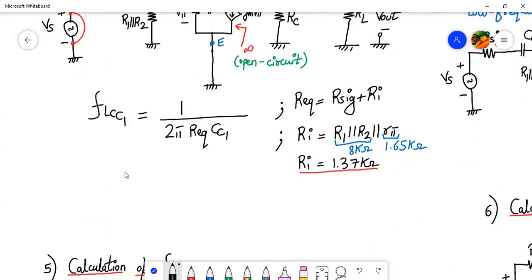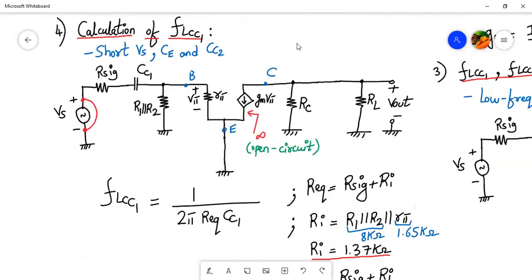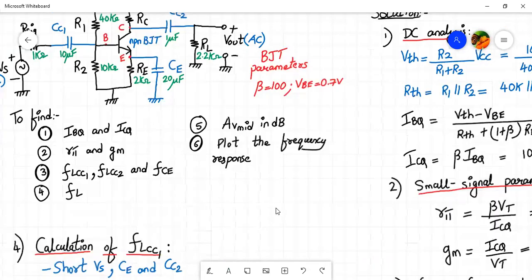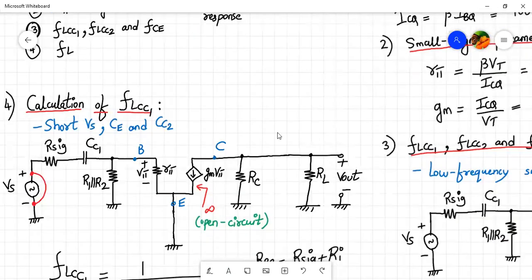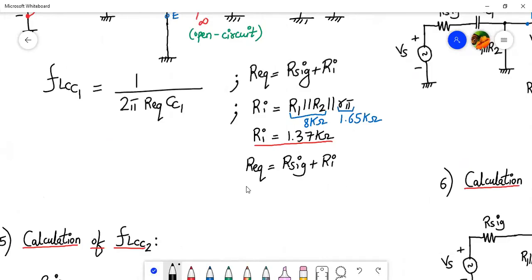So over here we have FL of CC1. Let's find out R equivalent also. R equivalent will be R sig plus Ri. Now what is the R sig value? I guess R sig value is given as around 1 kilo ohm. Let's confirm that. Yeah, it is 1 kilo ohm in the numerical. So we'll plug in that value. R equivalent is given by 1 kilo ohm plus 1.37 kilo ohm, so the answer is 2.37 kilo ohm.